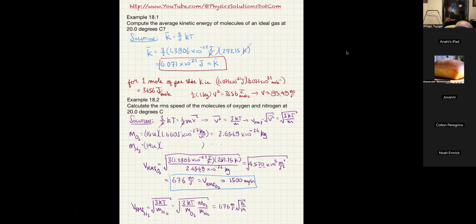And that gives me 722 meters per second. And remember, we only had 2 sig figs, so that's all that is. So that's the root mean square velocity of N2, again at 20 degrees Celsius. Now that one happens to be roughly 1,600 miles per hour.